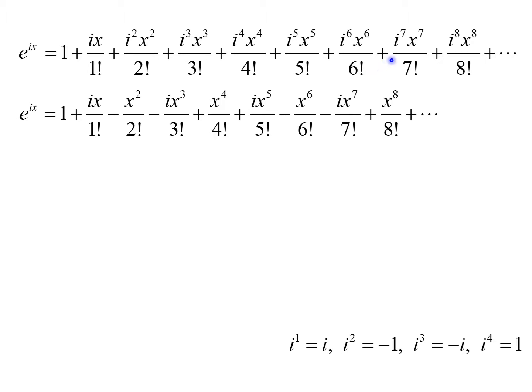And here's i to the seventh is -i, and i to the eighth is a +1. So if you take powers of i, you see that they go in cycles of 4. Hopefully you've seen that in an algebra class.